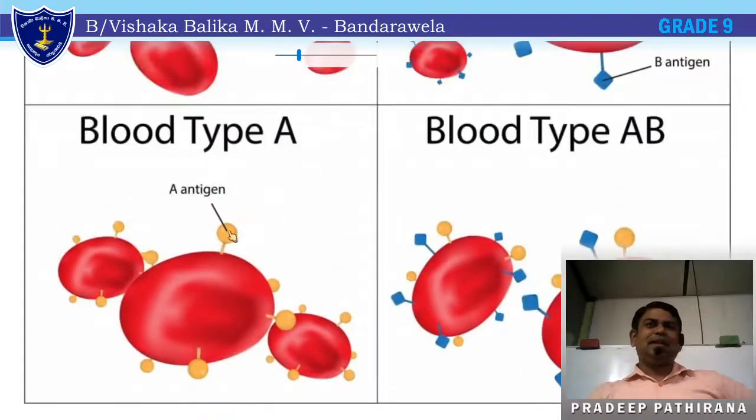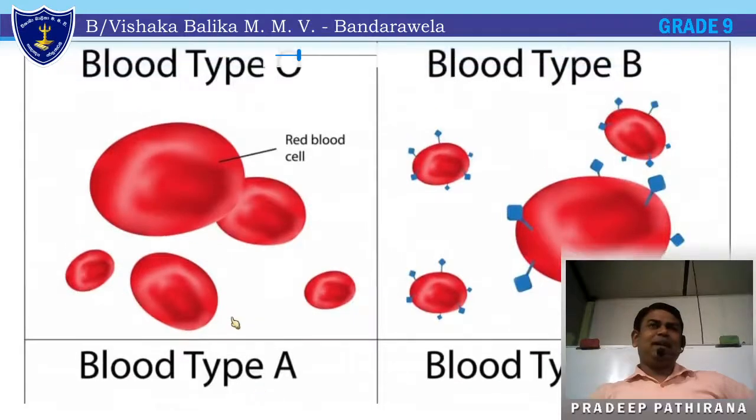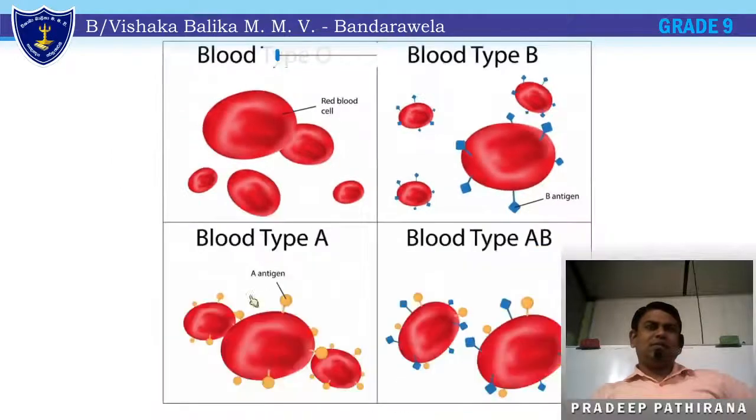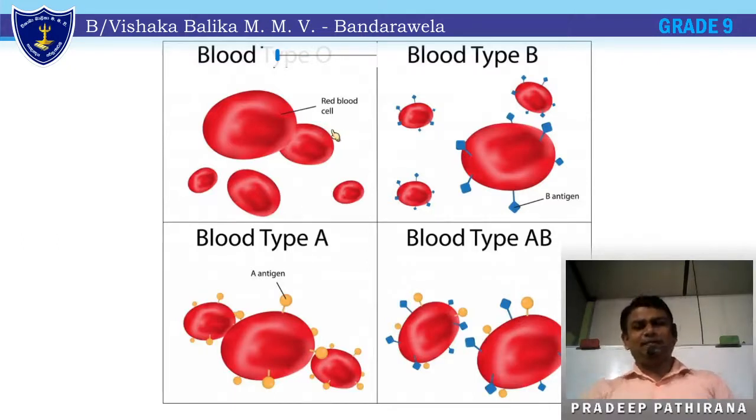But look at the second type, A. It has an antigen called A antigen. Therefore, if A blood enters type B, an unmatching condition will come, because these antigens will be rejected and the recipient will produce antibodies in their body.